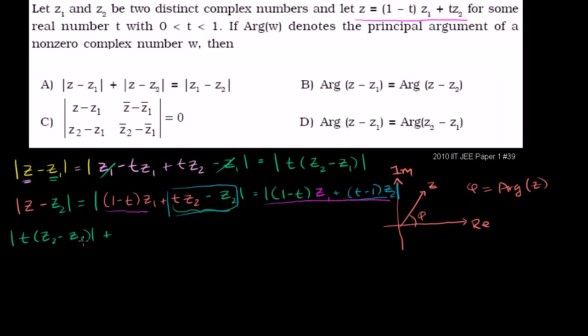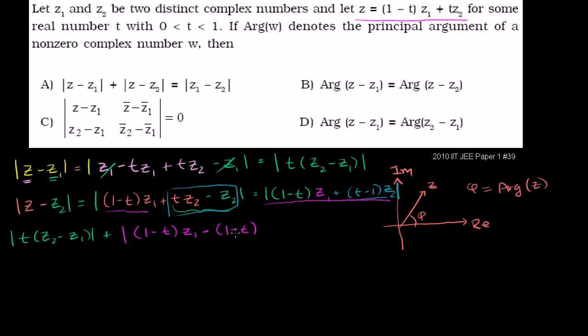Before I even write it out, how can we simplify that? We'll have a 1 minus t and a t minus 1. I'll change it up a little bit: the magnitude of (1 minus t) times z1, and so that I have a 1 minus t here, I'm going to put a negative out front, minus (1 minus t) times z2.